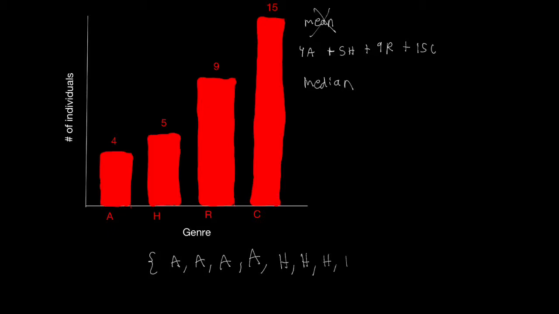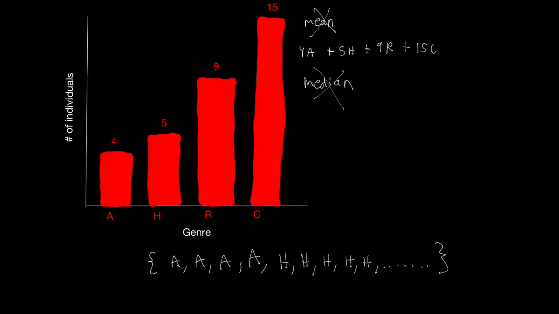So 3, 4, 5, etc., all the way up to C with a frequency of 15. But again, I don't know about you, but I'm not sure how to rearrange these values so that we have smallest to largest. So here we can't even calculate the median either. We cannot calculate anything from this kind of data set because it's not numerical data.